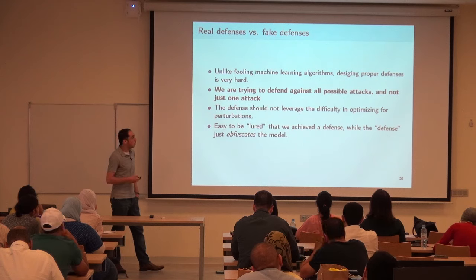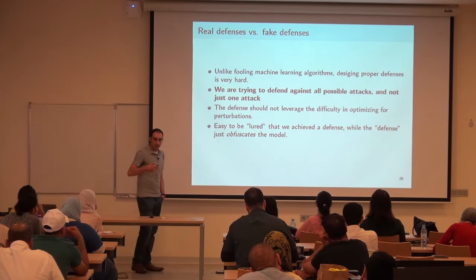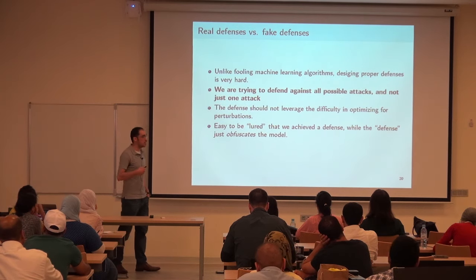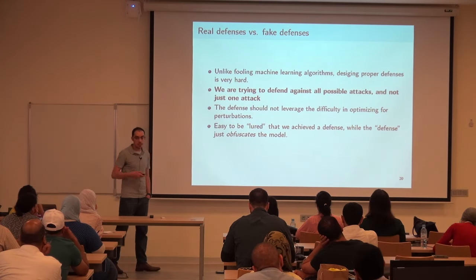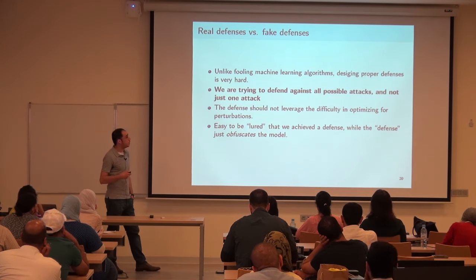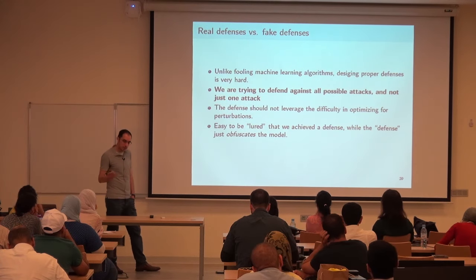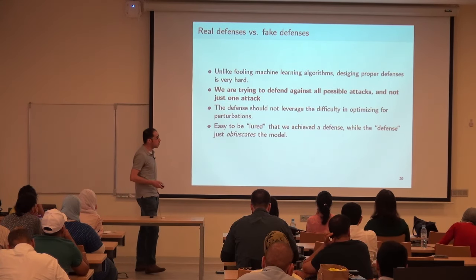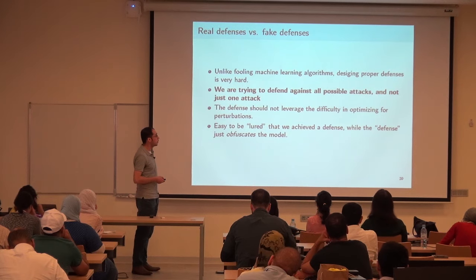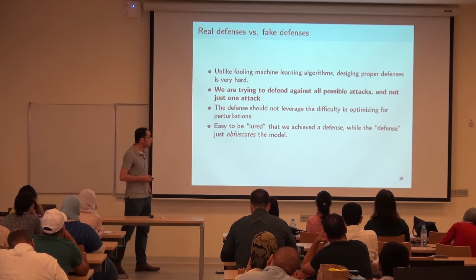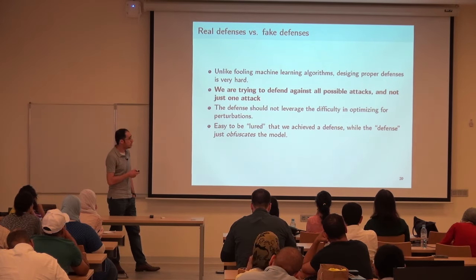The reason why this takes so long is that designing defenses is an extremely hard task, unlike the task of fooling. The task of fooling is easy, but designing defense is very hard. And the reason is that we're really trying to defend against all possible attacks, and not just one attack.